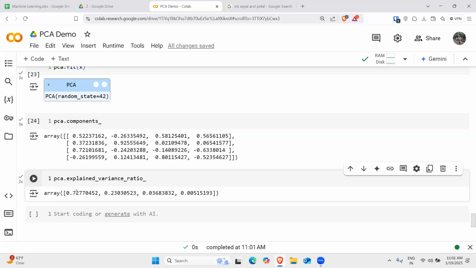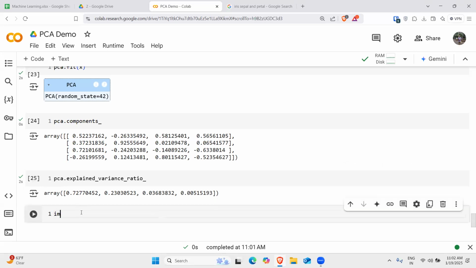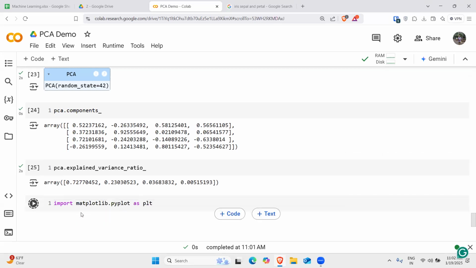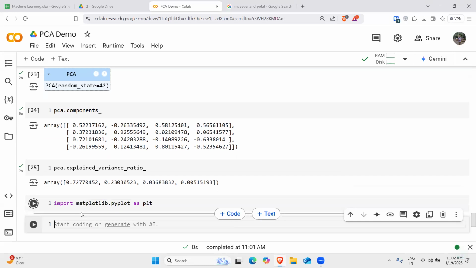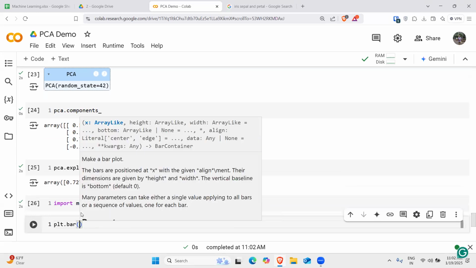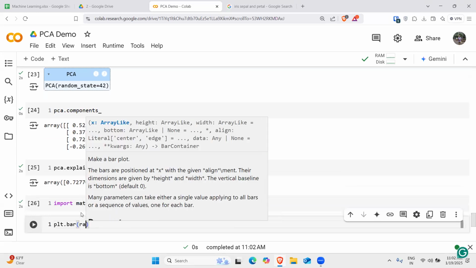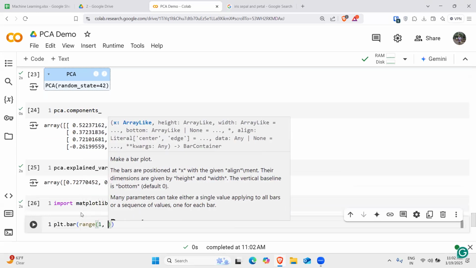Then you are going to import matplotlib.pyplot as PLT. And then we'll write on plt.bar. Bar graph will do, explained variance ratio. Like if you select first principal component, then what will be your explained variance ratio?